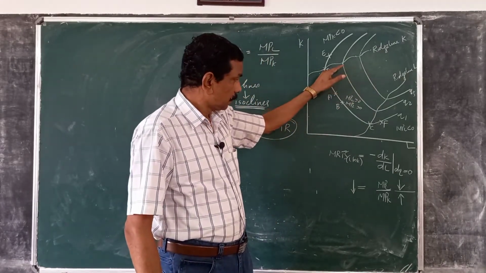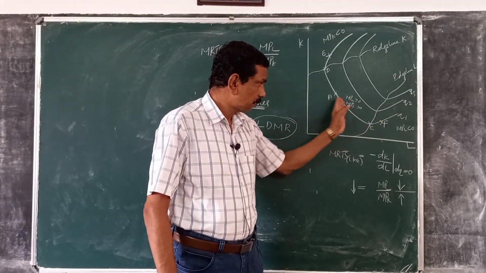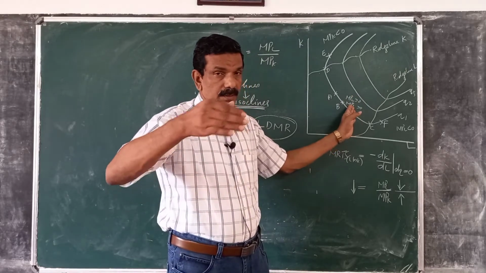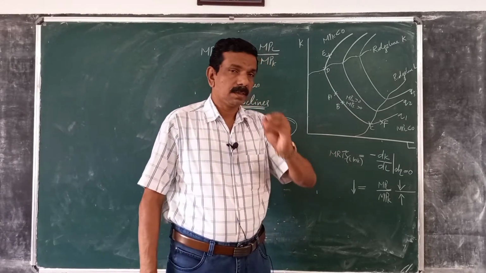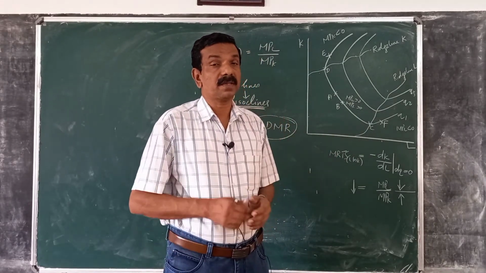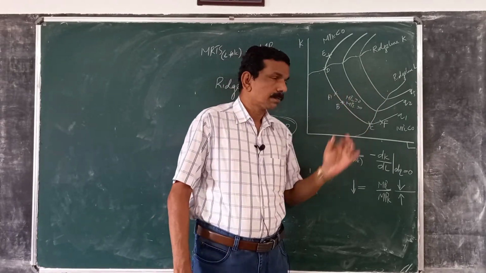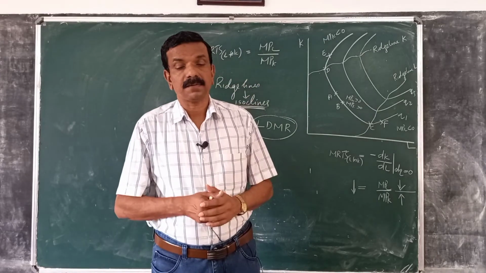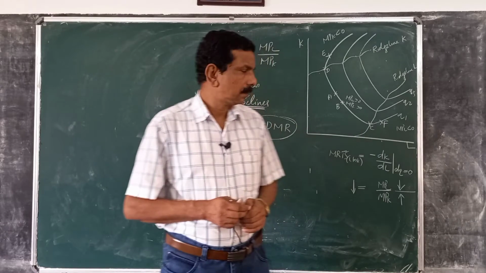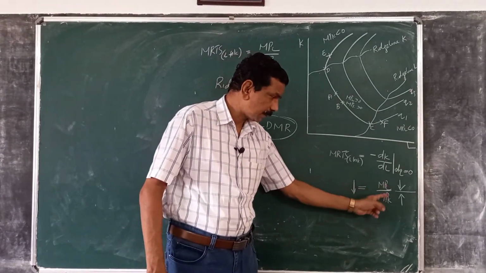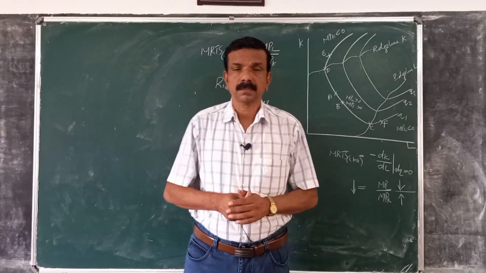So, in the relevant region of production, the marginal products of both factors are positive but declining, and MRTS decreases. It means the isoquant is convex to the origin. And this corresponds to the second stage of production. So this is the explanation for what is known as convexity of isoquants.